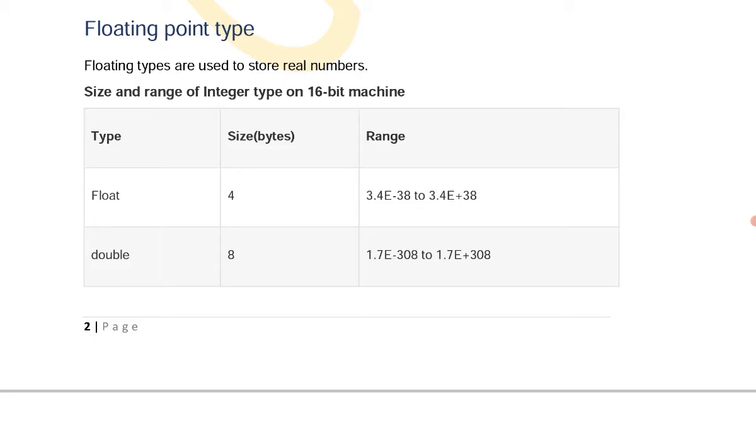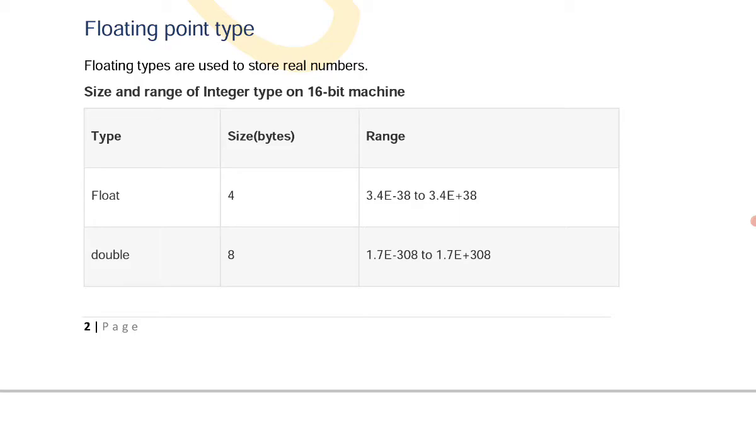So, what is the range of a floating point number? 3.4e-38 means 3.4 into 10 power minus 38.